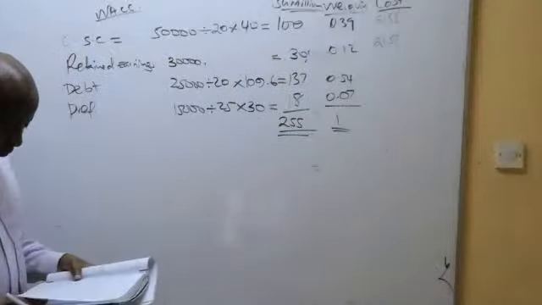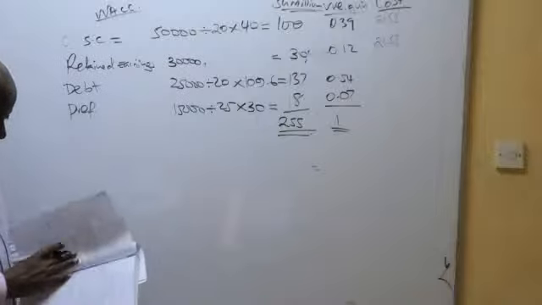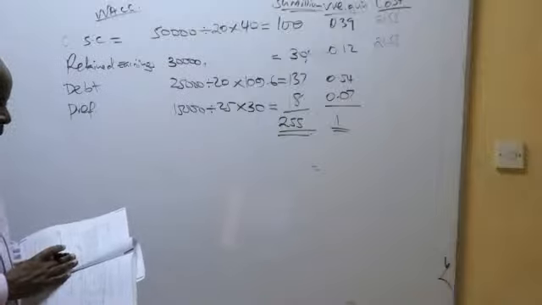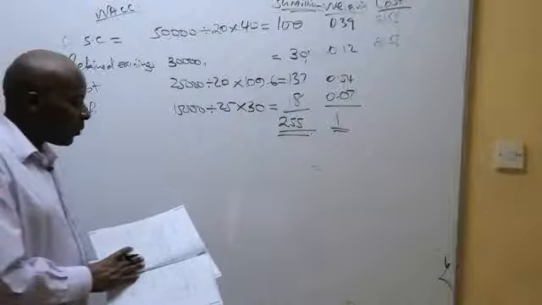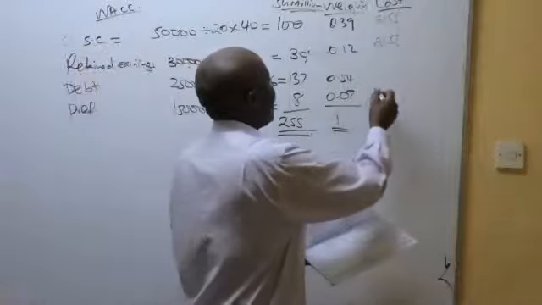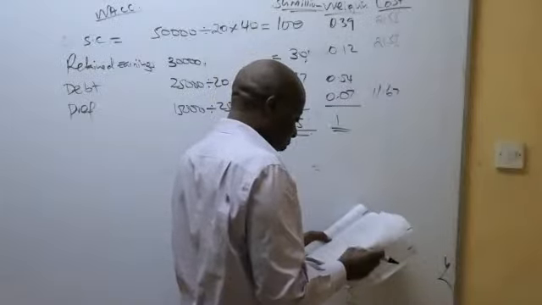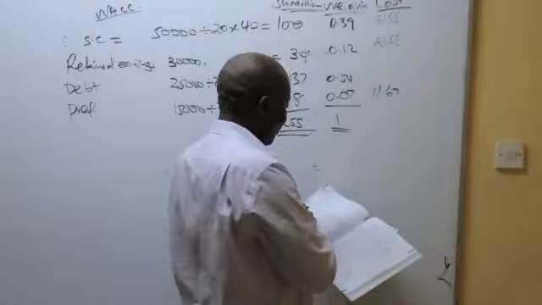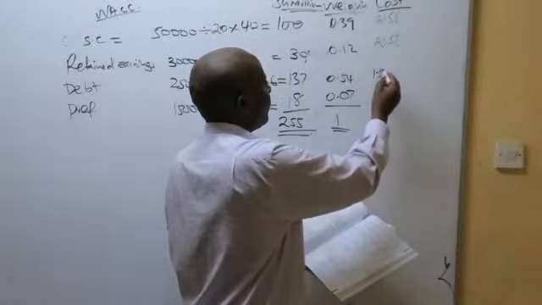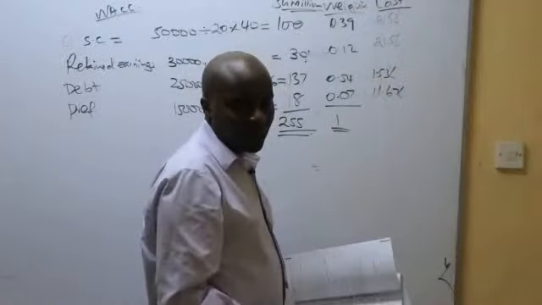Please give me the cost of debt. The preference I know is 11.67. So that must be the one that you guys got. 1.53.